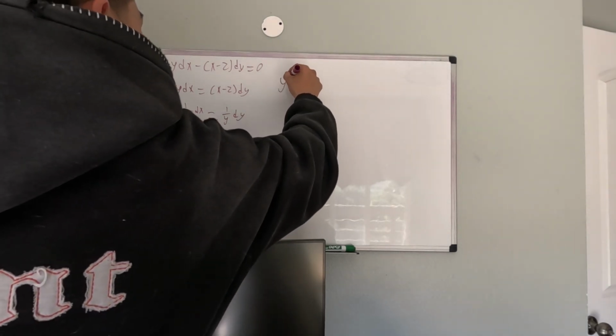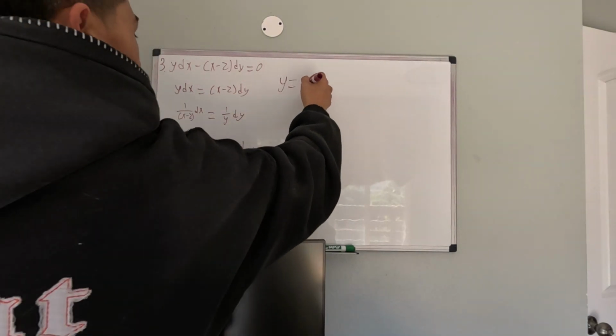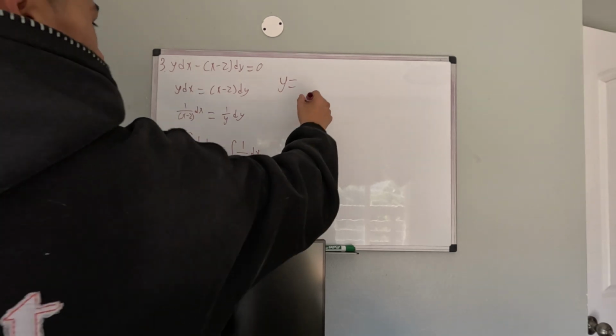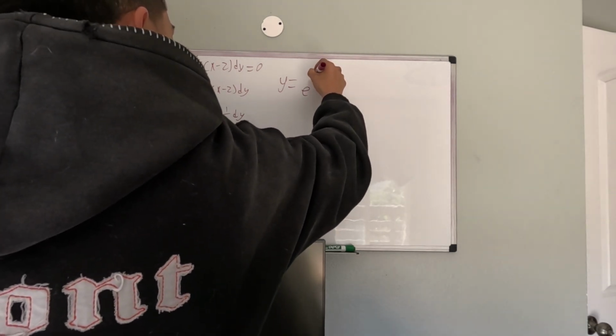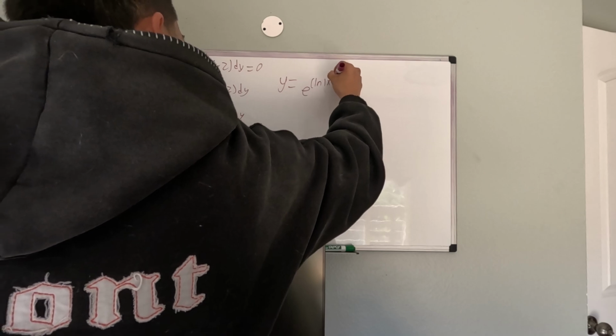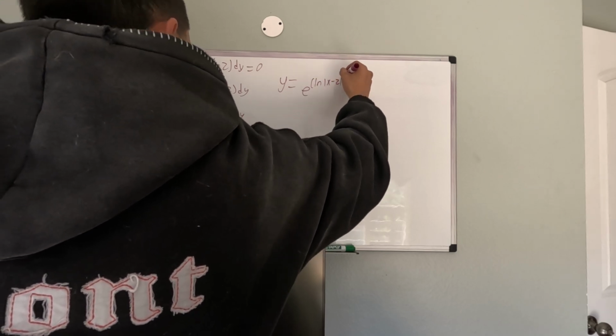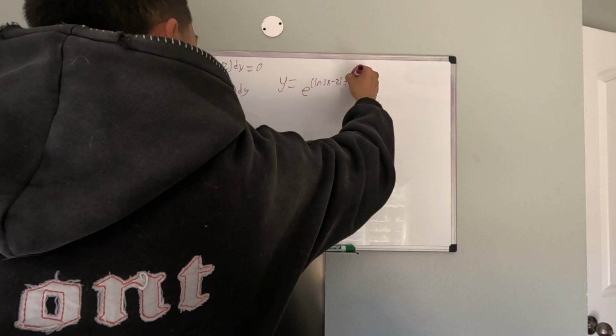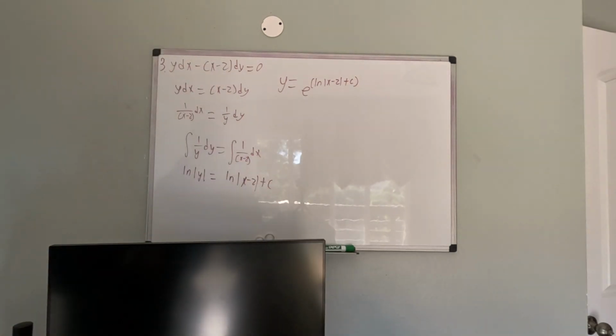So when we isolate the y, we get y equals e to the natural log of the absolute value of x minus 2 plus c, like that, right?